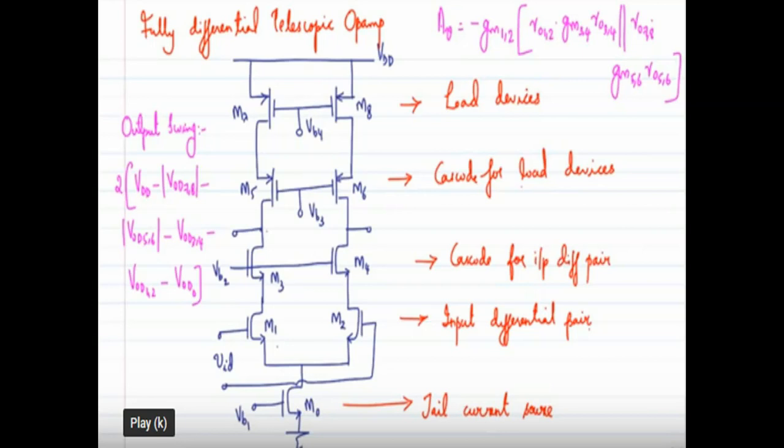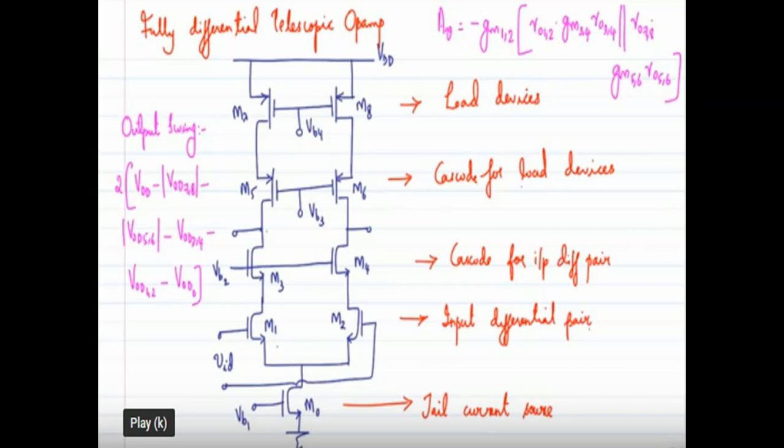So output swing is equal to twice VDD minus VOD7,8, say PMOS, so modulus, minus modulus of VOD5,6 minus VOD3,4 minus VOD1,2 minus VOD0. So this is the output voltage swing of fully differential telescopic op-amp.